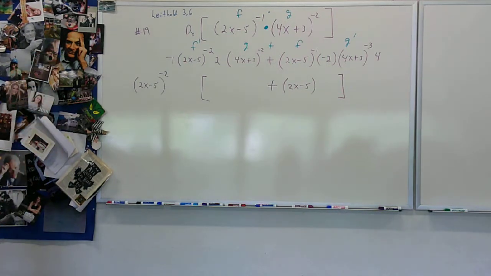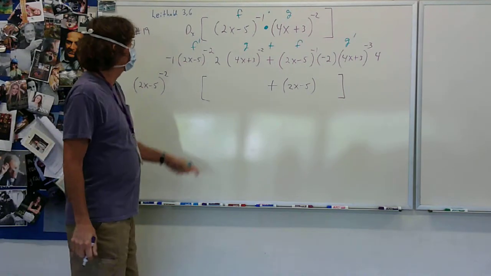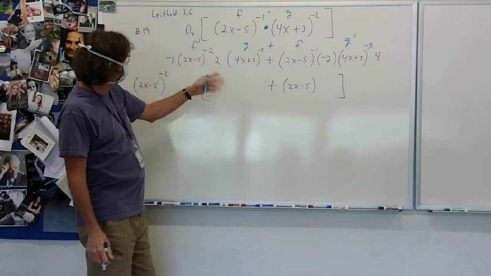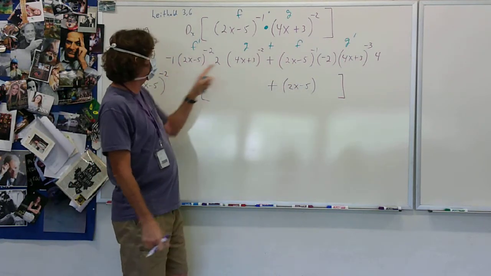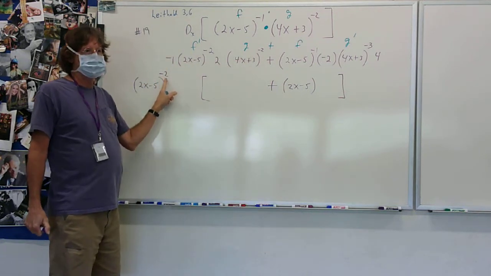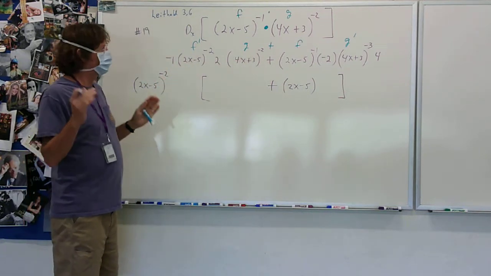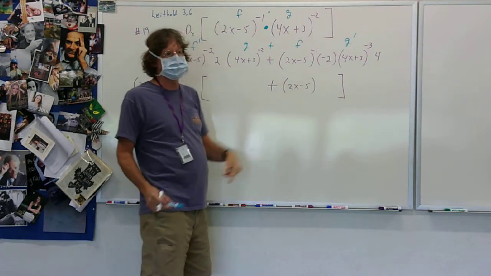So you get 2x minus 5 on the right side of that plus sign. Is that all right? See, this one divided out completely, left a 1. This one, you factored it out, so you subtract from the exponent. Negative 1 minus negative 2 gives you a 1. And that's what you're hoping happens, and it will happen that way. All these parentheses will end up with just powers of 1.